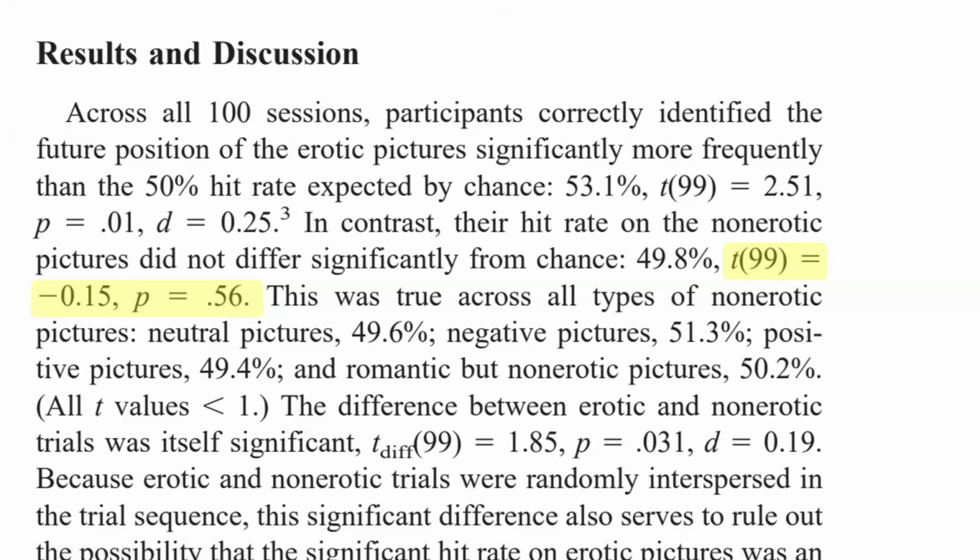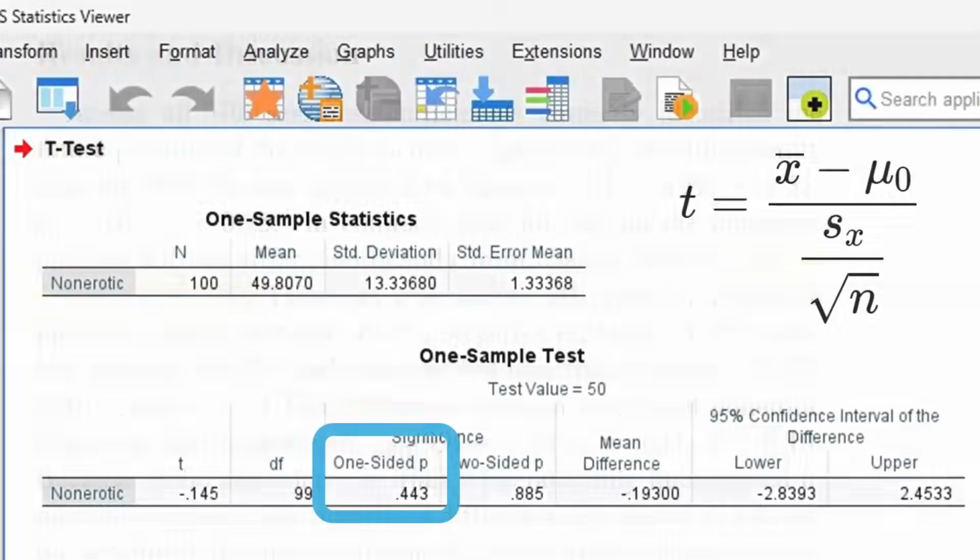We found 0.44. This is 0.56. That is way different. Minus 0.145 versus minus 0.15, that's just rounding to significant digits. But we're off here, right? The p-value that Bem reported is 0.56. The p-value that we got is 0.443.